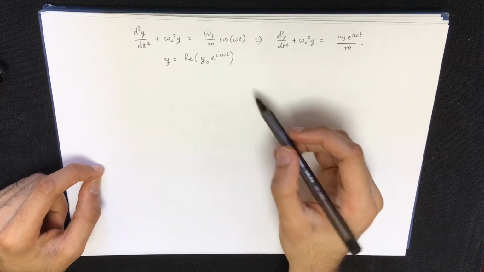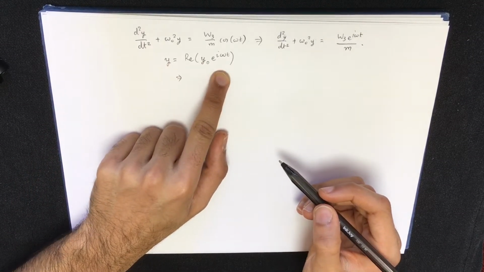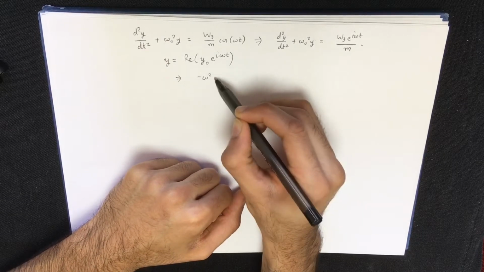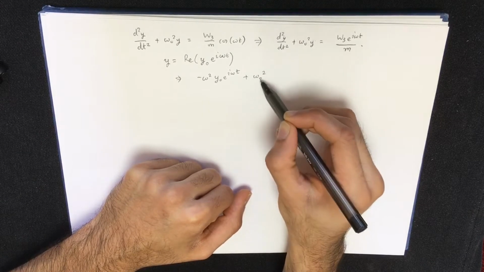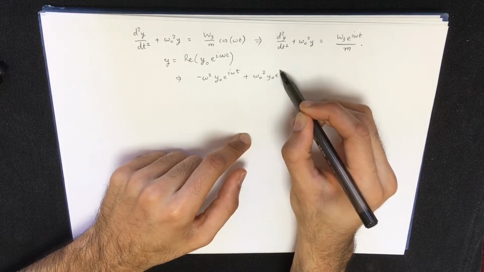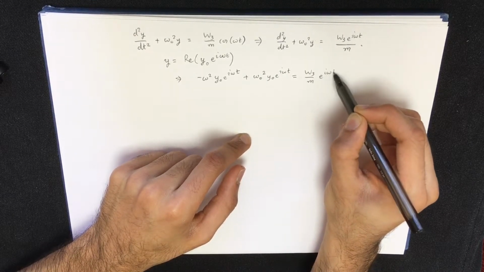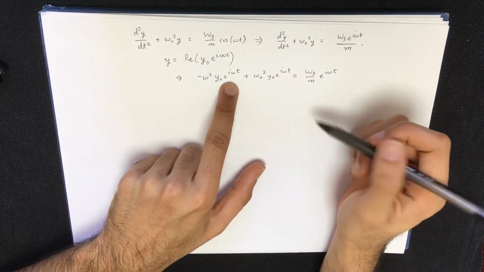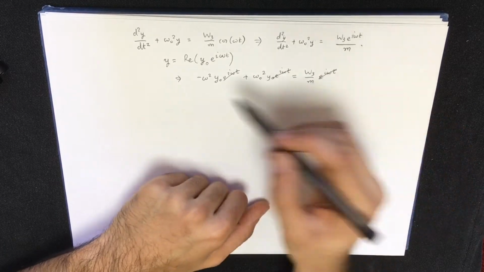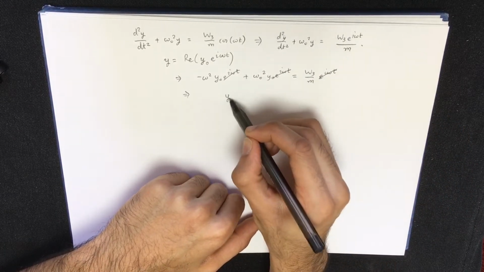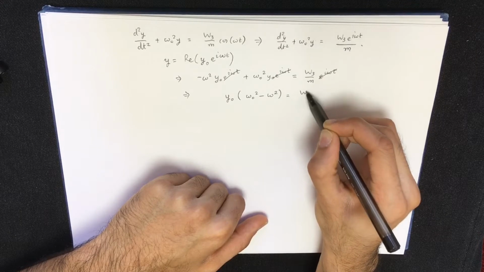So if I plug this into my differential equation, double differentiating this complex exponential, I basically get minus omega squared y naught e to the I omega t plus omega naught squared times y naught e to the I omega t equals w3 over m e to the I omega t. At this point, I can cancel all of the e to the I omega t's. So all the exponentials go, and I'm left with y naught times omega naught squared minus omega squared equals w3 over m.